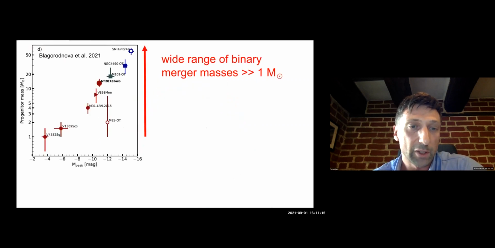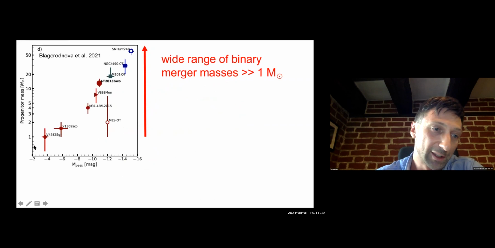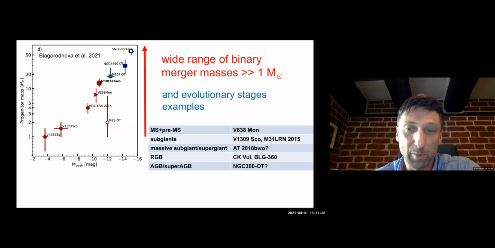Also, from observations of those galactic and extragalactic objects, we learned something about the population of merging systems. Here you can see a figure from Nadia's paper, where the masses of progenitors go from below 1 solar mass up to 60 solar masses. So we are dealing here with low mass stars and high mass stars.